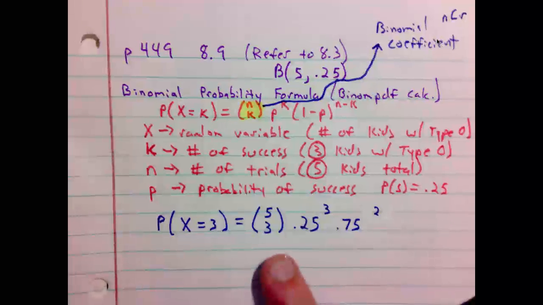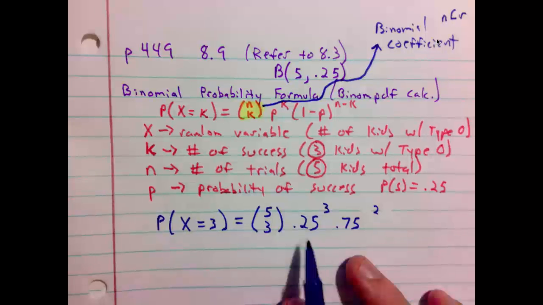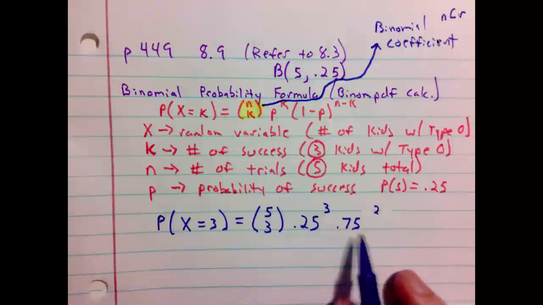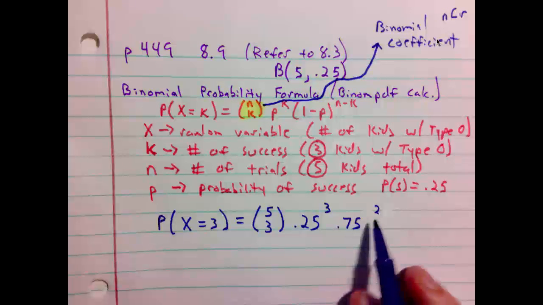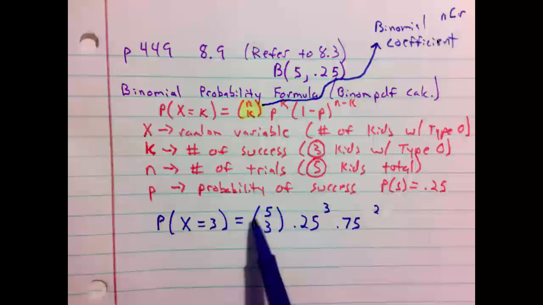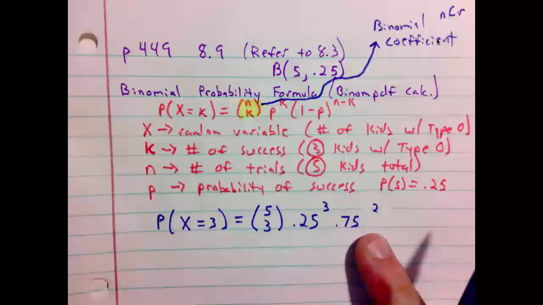So now you can see the formula really makes sense. This is the chance of success, and we want 3 successes. This is the chance of fail, and we want 2 failures. These 2 will always sum to the total. And this multiplier tells us how many ways we can make this particular situation.